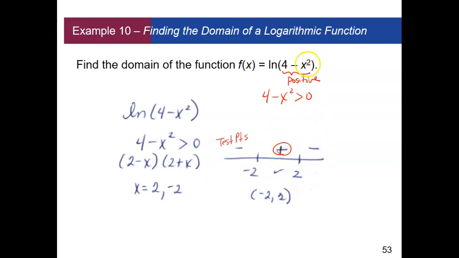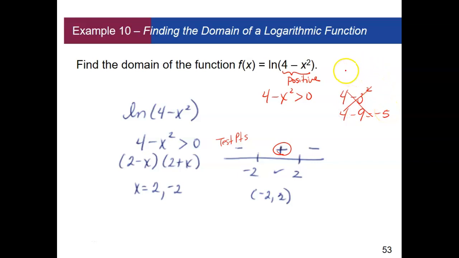And if you think about it, if I were to plug in a number outside of this interval from -2 to 2, let's say I plugged in 3. That's going to be 4 minus 3 squared, so 4 minus 9 would be -5. I can't take the natural log of a negative number. And so I can clearly see that that should not be part of its domain.